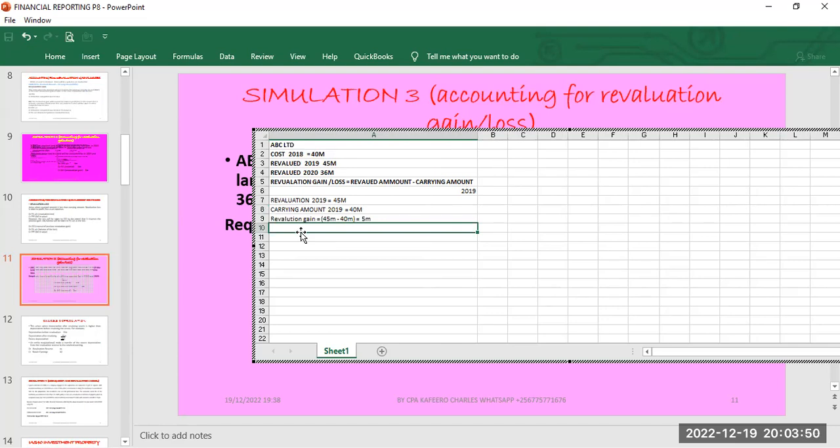Meaning we have got the gain, you can say that the gain of 5 million will be taken to the other comprehensive income, not the profit and loss, and the asset will also be carried at the revalued amount. But if you can put a double entry, it makes more sense.